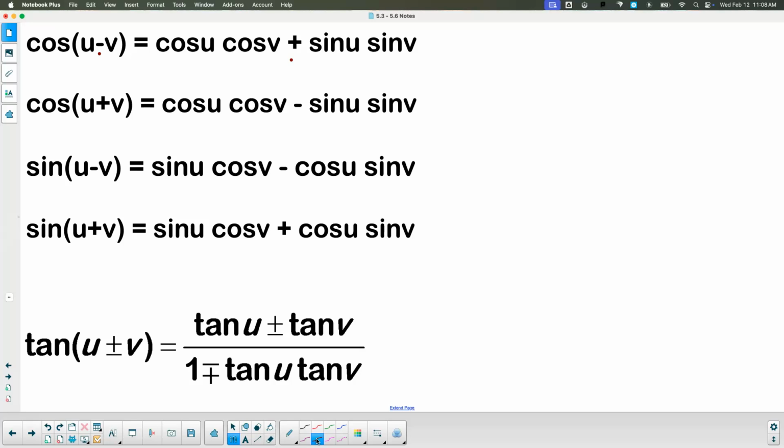But that was just me. Sine is same sign. Okay, easy to remember. Same sign. So if it's subtraction there, it's subtraction there. If it's addition, then it's addition. Cosine is opposite. Sine is the same. And sine then is sine of the first, cosine of the second, cosine of the first, sine of the second.